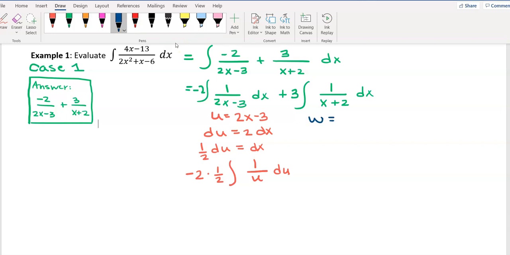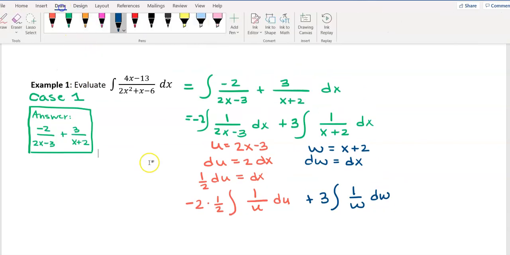So w is equal to x plus 2. dw is equal to 1 dx, or just dx. So this one's a nice easy one. I'm going to rewrite this integral as plus 3 for our coefficient there, and then 1 over w dw. Okay, so now I just have to take the antiderivatives and we will be set and ready to go.